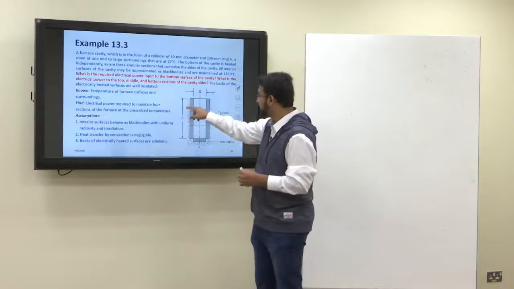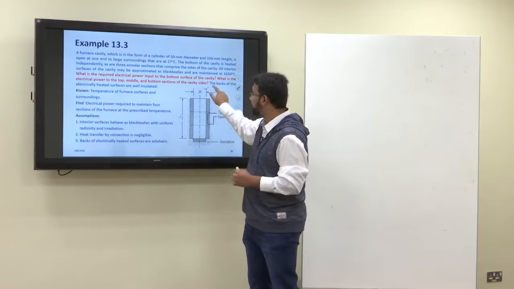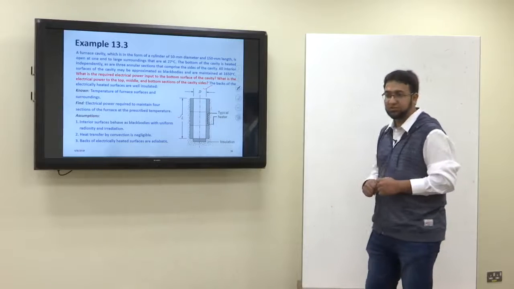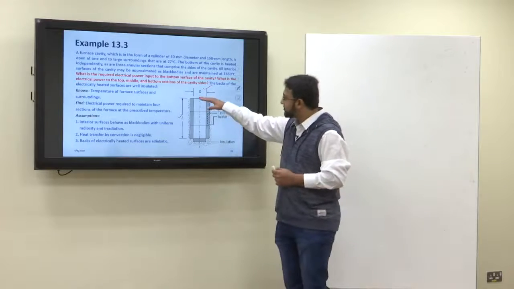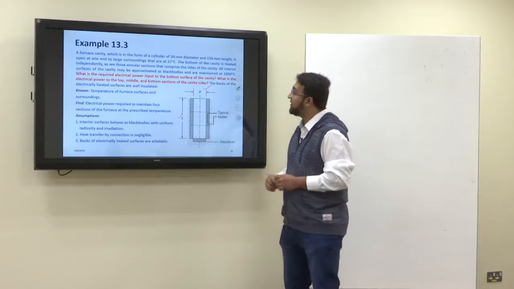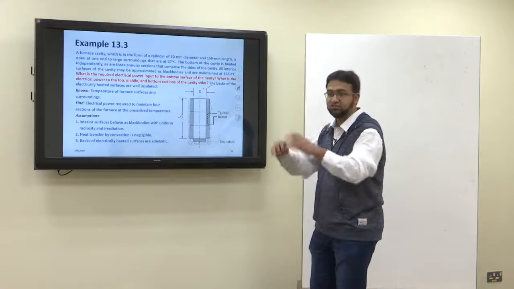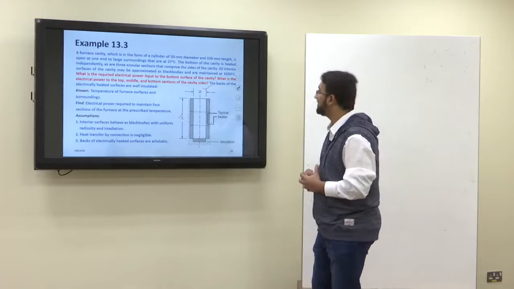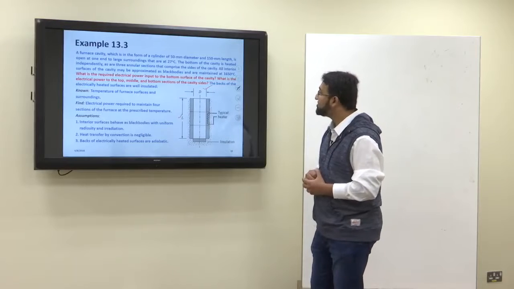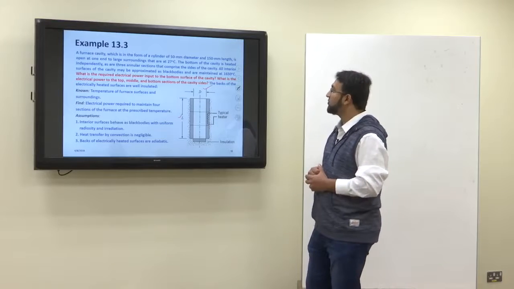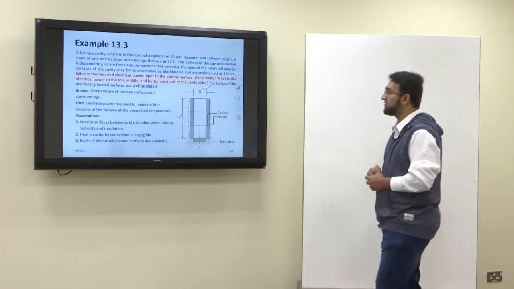So length is 150 millimeter, diameter is 50 millimeter. It is open at one end to large surroundings that are at 27 degrees centigrade. The bottom of the cavity is heated independently, as are three annular sections that comprise the sides of the cavity.